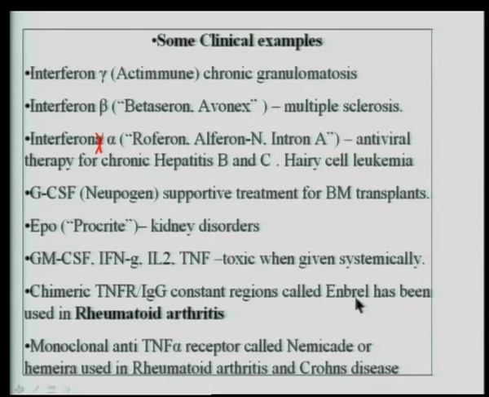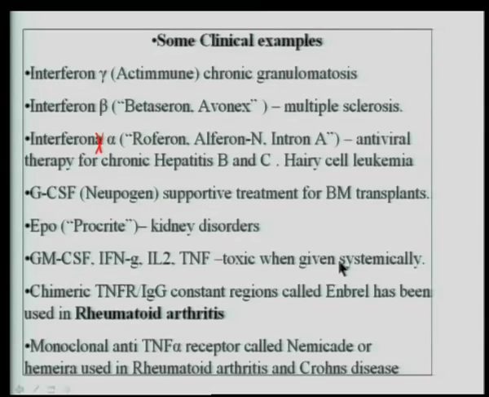This is called Enbrel, and has been used in the case of rheumatoid arthritis. Monoclonal anti-TNF alpha has been used in the case of rheumatoid arthritis and Crohn's disease. Of course, needless to say, many of these cytokines are toxic when given systemically, and therefore, one has to be careful in how it is administered and in what concentration and in what mode.